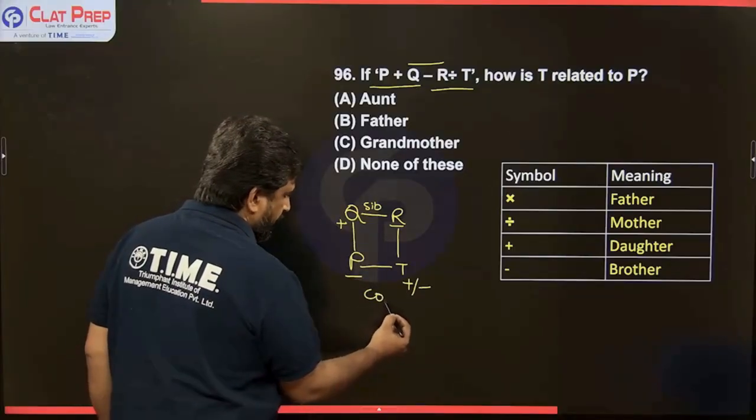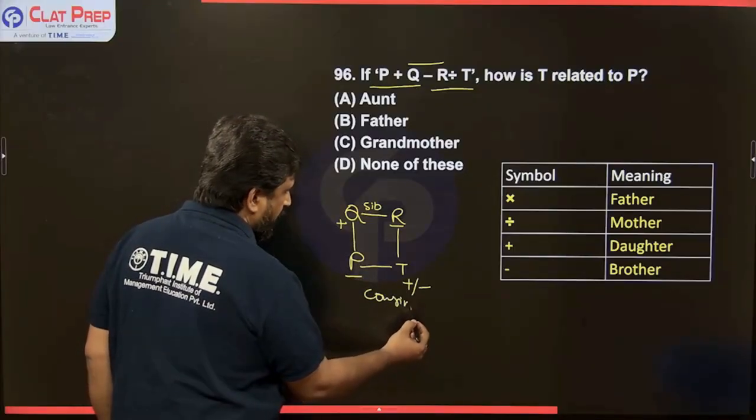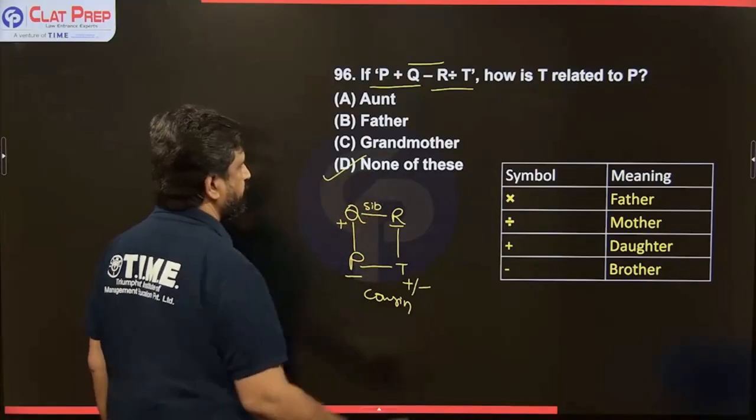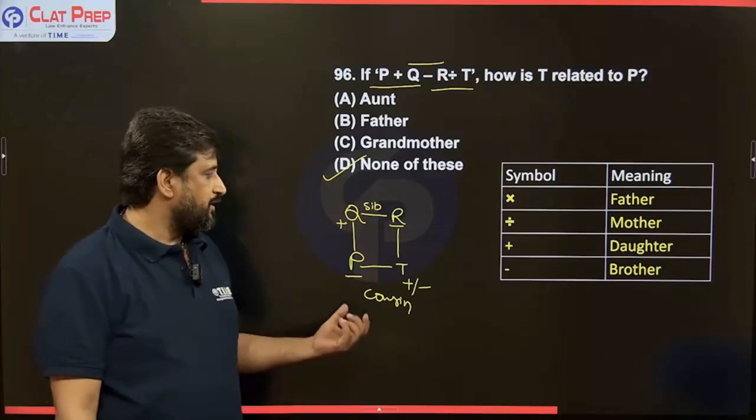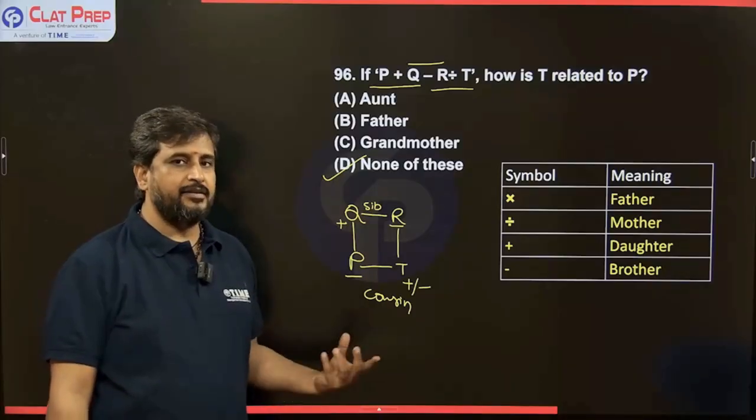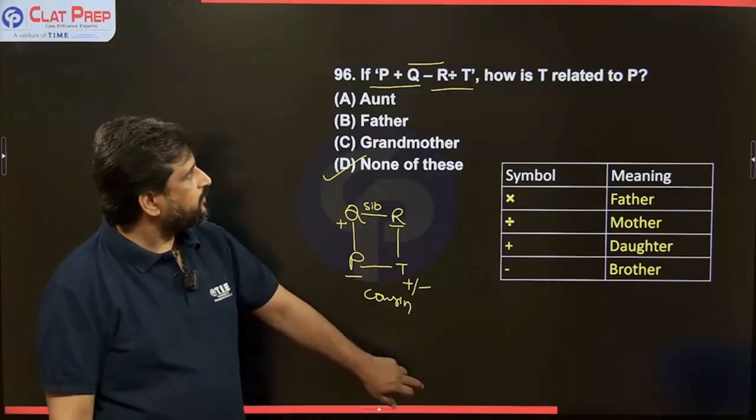The actual answer is cousin, which is not available. So none of these. So the correct answer for this question is none of these. Though the gender of T is not known, we can say that they are cousins. Next one.